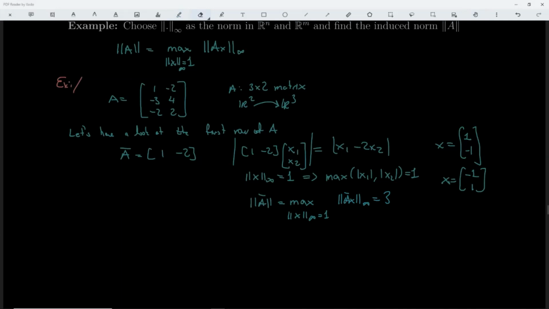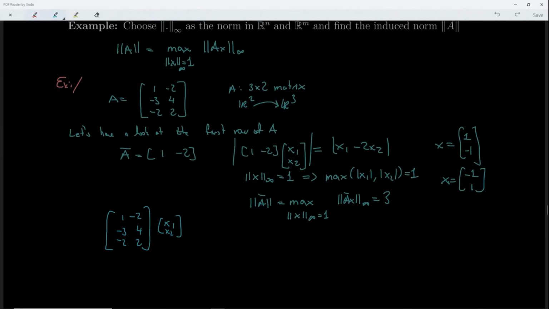If I follow the same idea and apply it to the A matrix itself, with rows 1, -3 and 4, -2, times x1 and x2, I would like to maximize the infinity norm of A times x. This is A and this is x. What can I choose x1 and x2 to be to maximize that value?